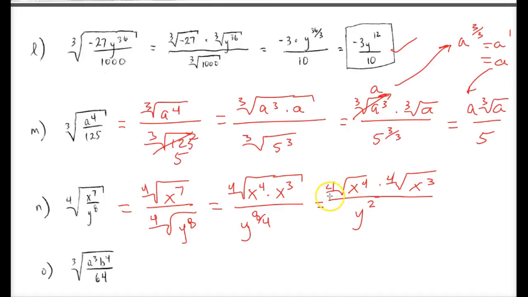From here, we know that the fourth root of x raised to the 4 will just be x. Now, the question here is, is it going to be x or is it going to be the absolute value of x? We can answer that right now. If we rewrite this as x squared times x squared, this would just be 4 x's being multiplied times each other.